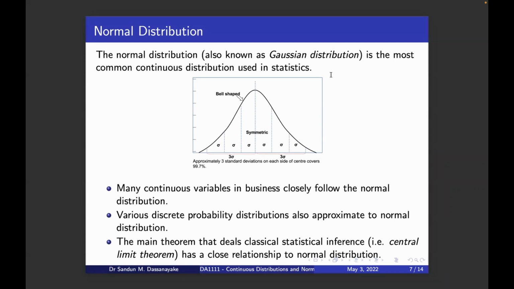So we call it a Gaussian distribution. Normal distribution and Gaussian, they are the same. So in an exam paper, if you receive a question saying that a particular distribution is Gaussian, it means it's a normal distribution. Okay, so it's the most common continuous distribution used in statistics, because it has been studied for many years, and people know its function in and out.